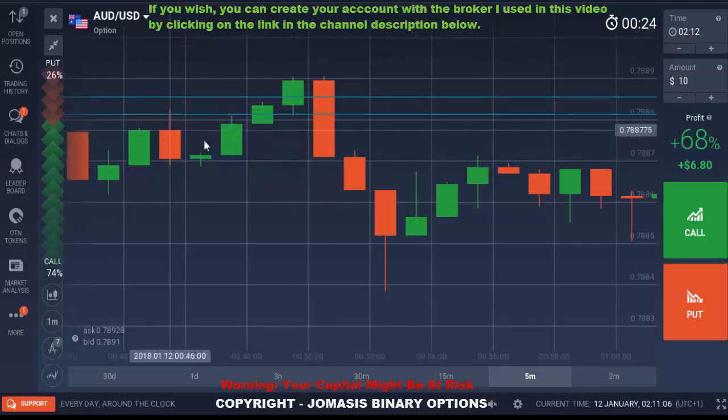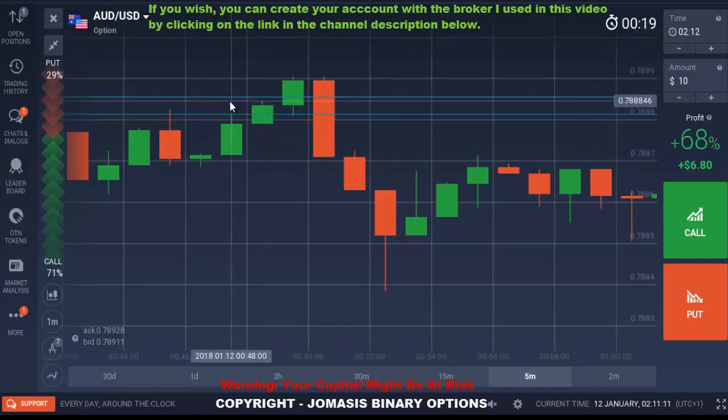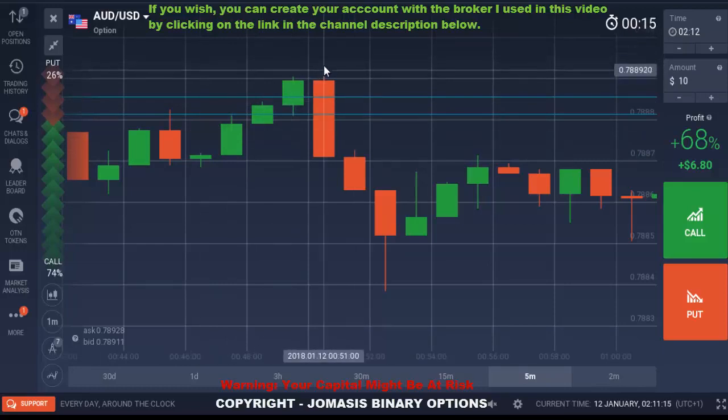Okay, now the market was here and this one was acting as a resistance. When it broke it through, this one is acting again as support.